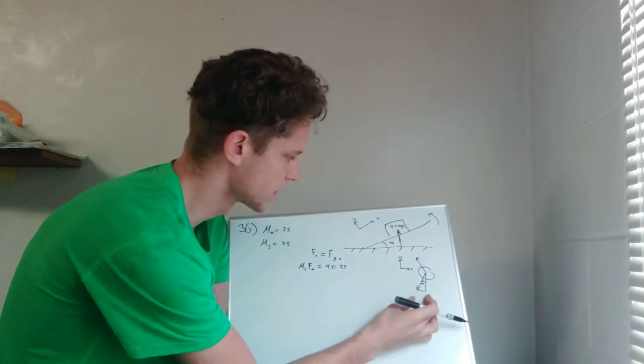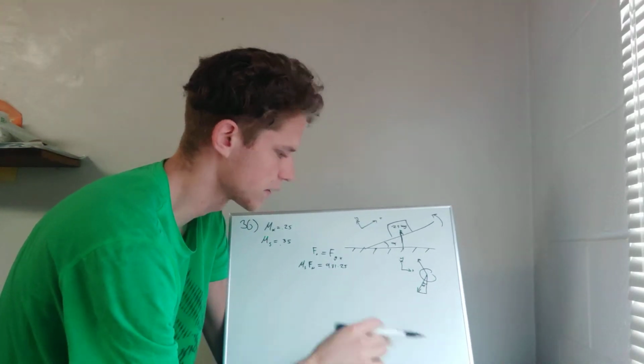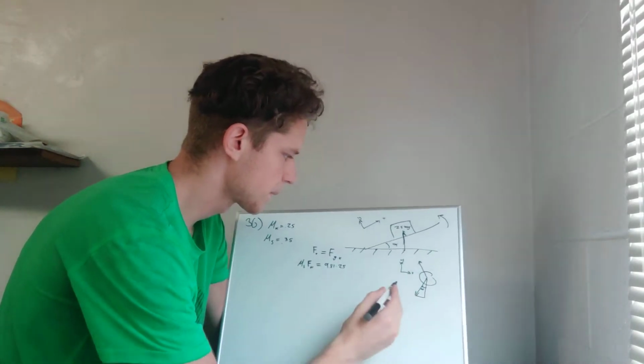So when you rotate down, gravity just moves over alpha.